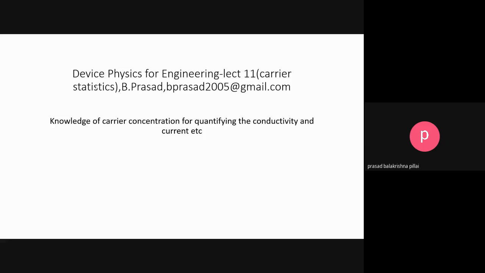It could be the Fermi function or simplified to Maxwell-Boltzmann distribution law. So the product of this, integrated over the different energy ranges, can give us the carrier concentration. That is one thing. So with that, we can write down this equation.